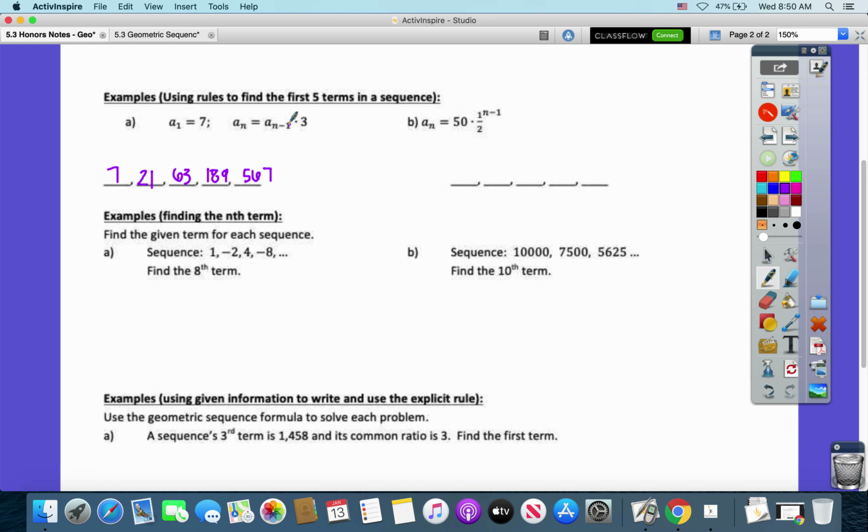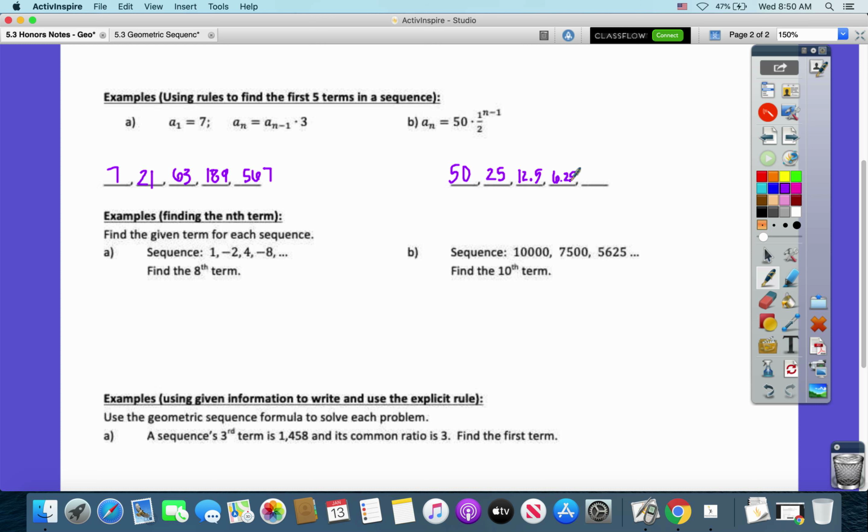Okay, that was a recursive rule. If we use this one, we're using an explicit rule, but we know that first number is our first term, so we're starting at 50 this time, and each time we're multiplying by 1/2. So the next term would be 25. 25 times 1/2 would be 12.5. 12.5 times 1/2 would be 6.25.